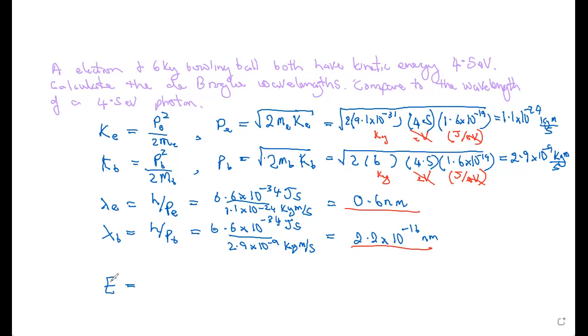The energy of a photon is related to the frequency of the electromagnetic wave by this little equation here, E equals Planck's constant times the frequency. In turn, the frequency is equal to the speed of light divided by the wavelength of the light. So we can replace the frequency with c over lambda.